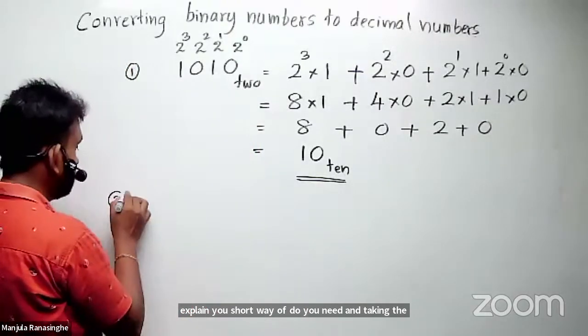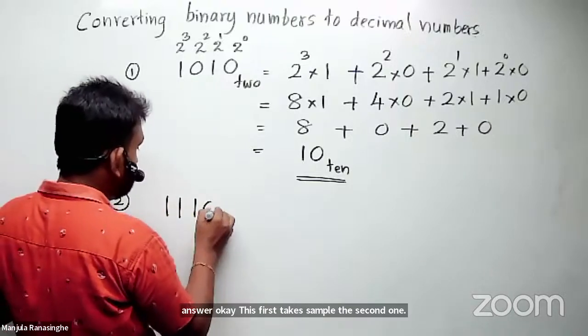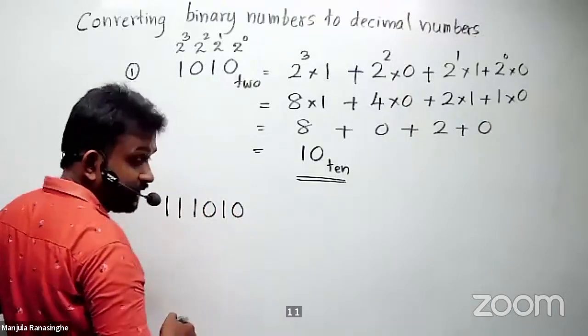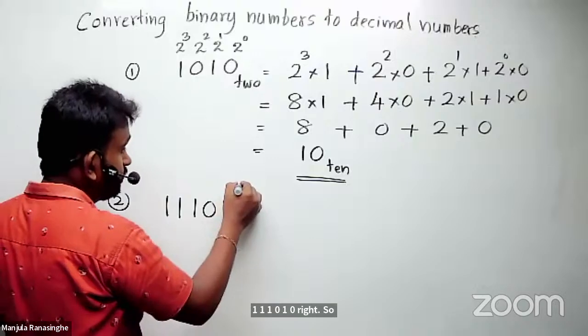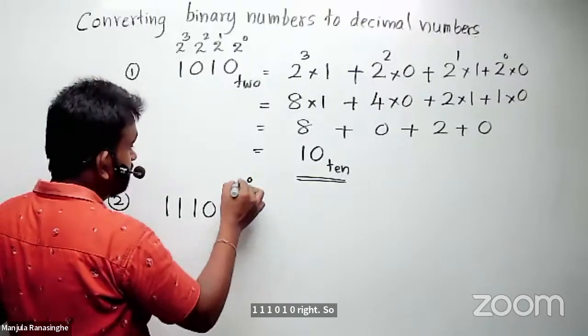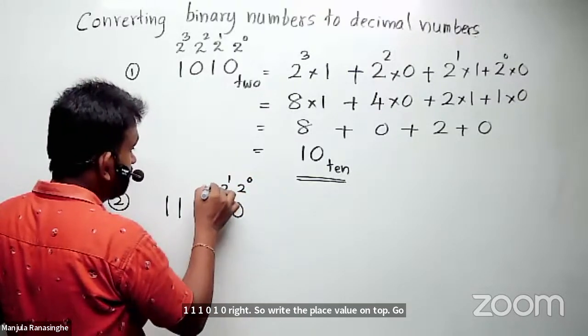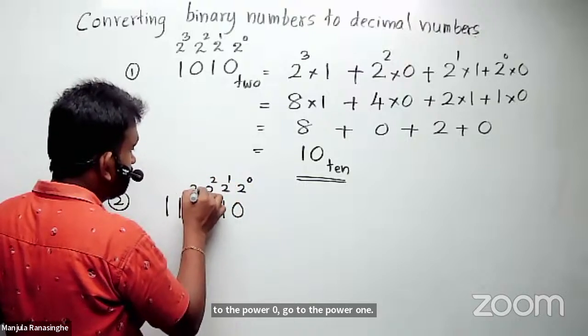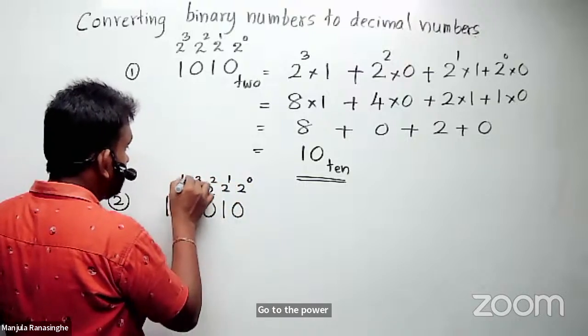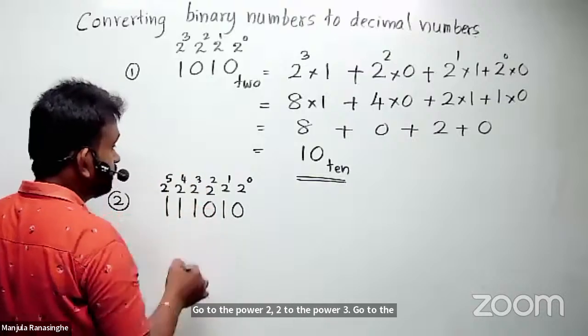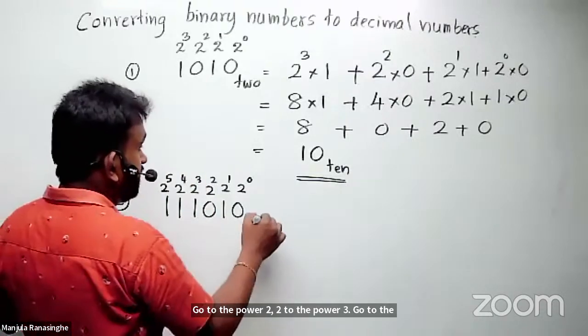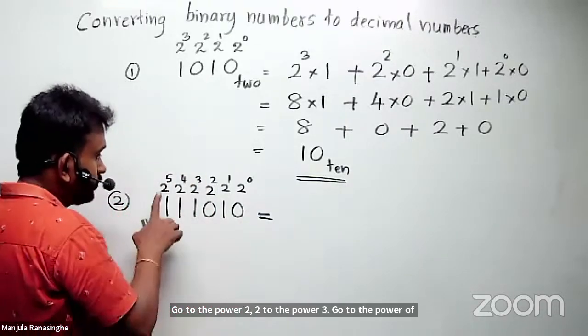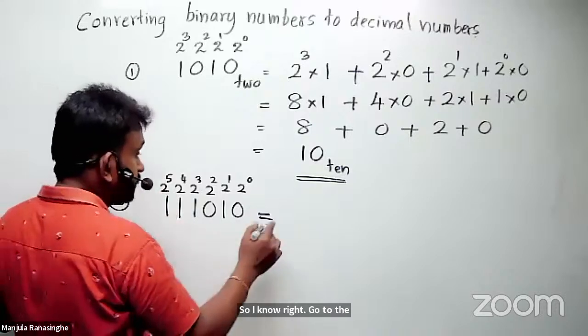The second one, imagine 1 1 1 0 1 0. Right. So write the place value on top. 2 to the power 0, 2 to the power 1, 2 to the power 2, 2 to the power 3, 2 to the power 4, 2 to the power 5. So I now write, 2 to the power 5 is 1.